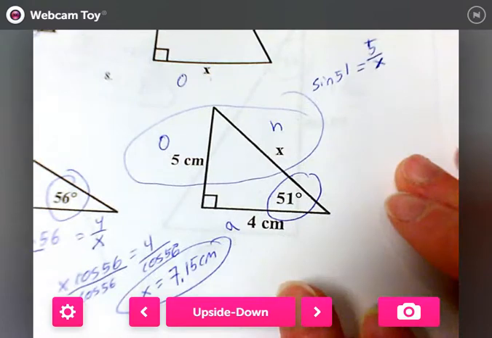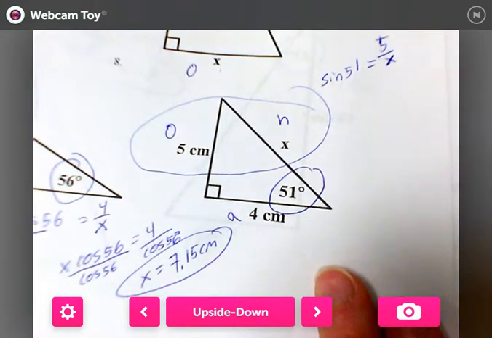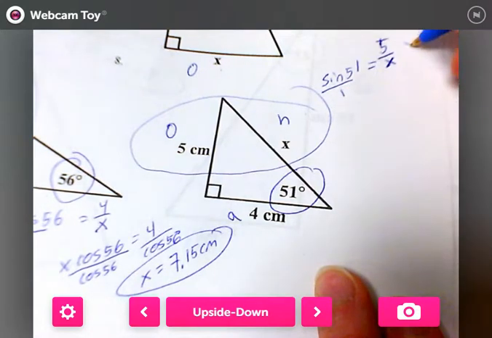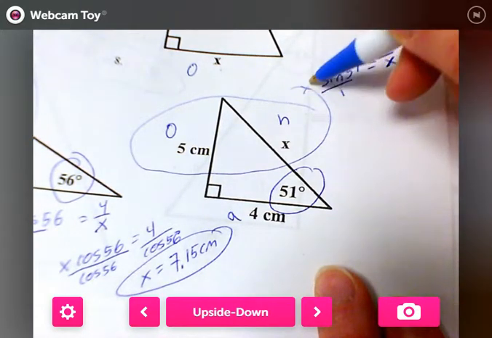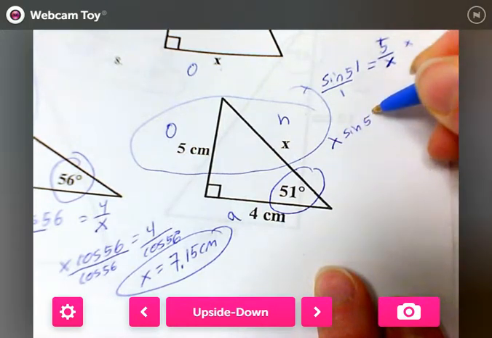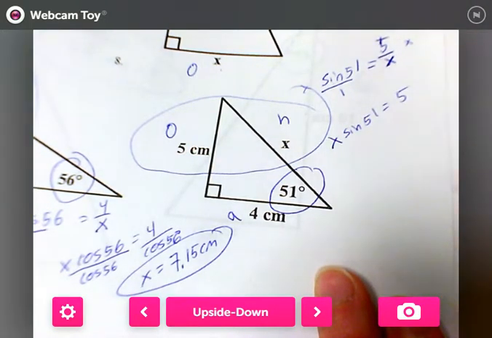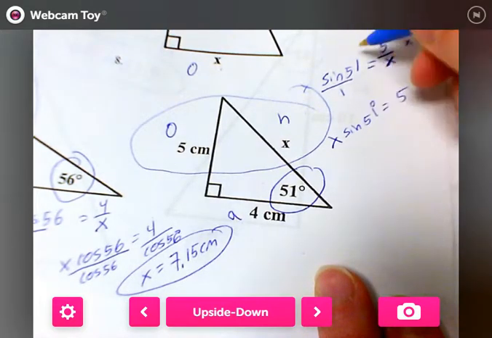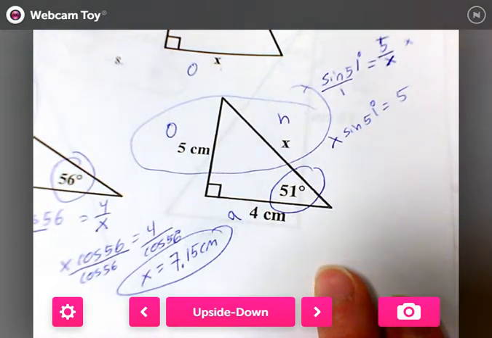Okay. What do I do when I have an x on the bottom? I'm going to times both sides by that x, or I'm going to cross multiply. X sine 51 equals 5. How do I get x by itself now, guys? X sine 51 equals 5.